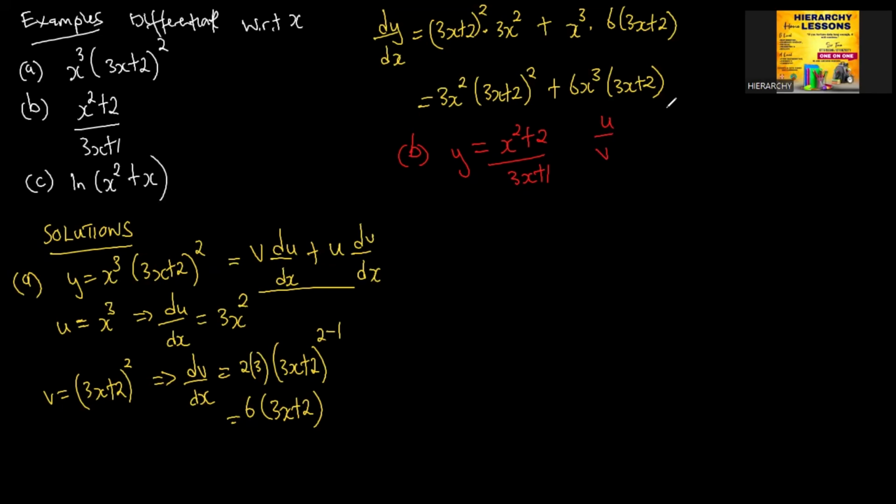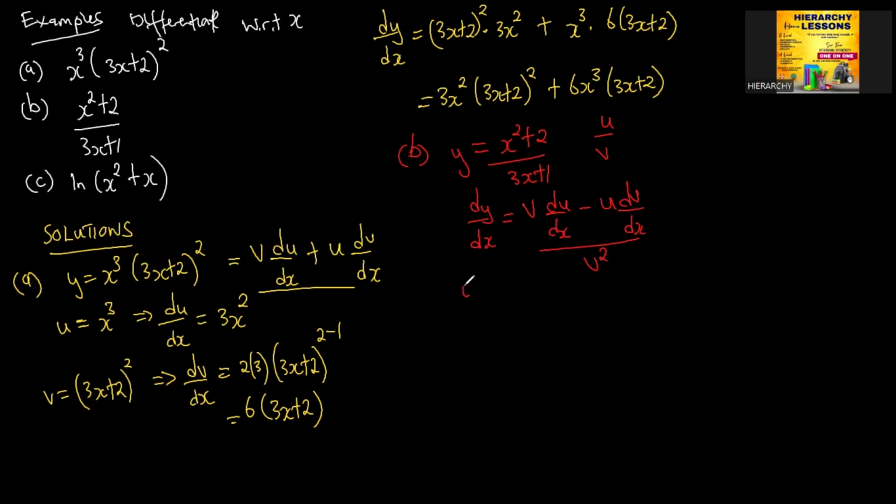So we're going to use the quotient rule. What does the quotient rule say? The quotient rule says that dy/dx is given by v du/dx minus u dv/dx, over v squared.